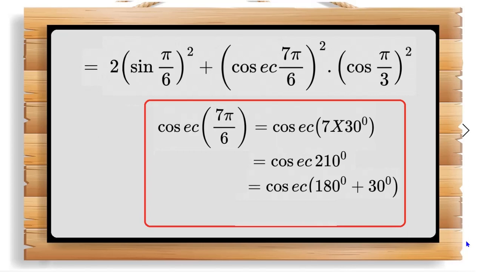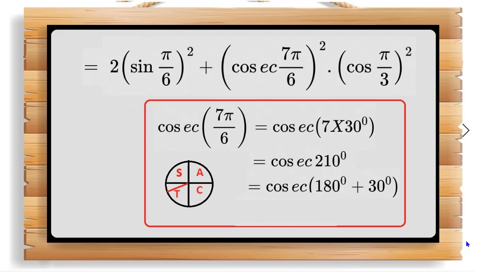Cosec 180 degree plus 30 degree is equal to, you have to find now, here it is in third quadrant. In third quadrant, cosec is negative, because according to ASTC rule, in third quadrant tan and its reciprocal are positive, remaining are negative.